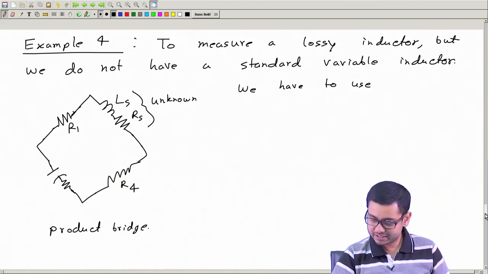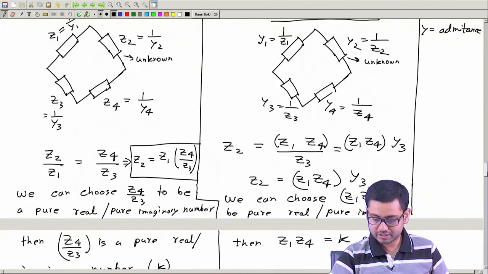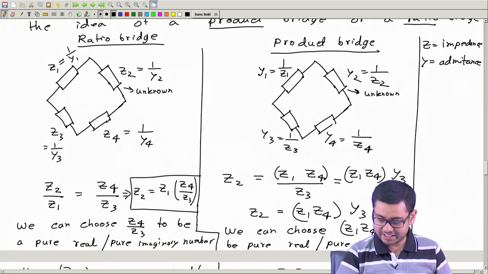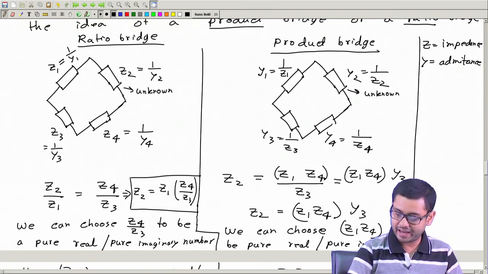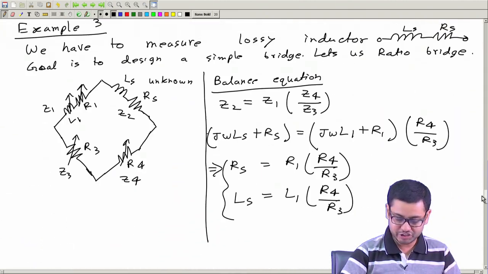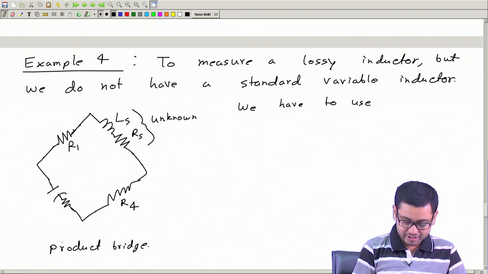So, you see according to our condition, the sum of 2 opposite arms, we have chosen them to be purely real, these 2 R and R. So, this is going to be a product bridge. That is what we have seen.